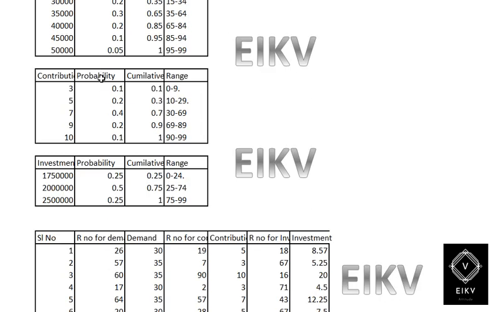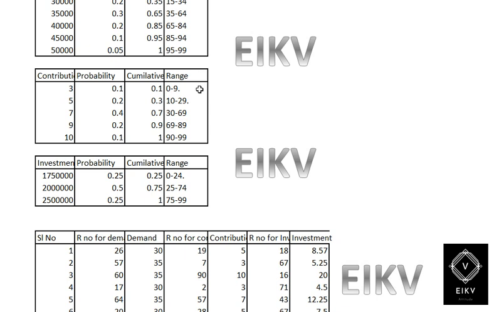The same way we have the contribution probability. Contribution is written, then probability, then cumulative probability, which is added from the previous quantity. That is 0.1, then 0.1 plus 0.2 gives 0.3, then 0.3 plus 0.4 gives 0.7, 0.7 plus 0.2 gives 0.9, and 0.9 plus 0.1 gives 1.0.